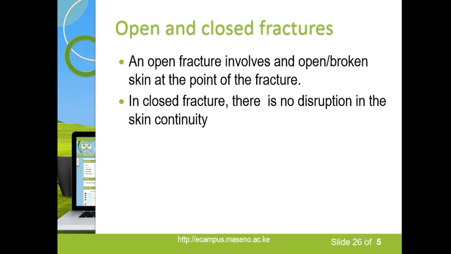You tie the bandage around to help in securing the dressing firmly, but not so tight as to stop circulation. Now, it is also important to immobilize the injured part just the same way you immobilized the closed fracture.